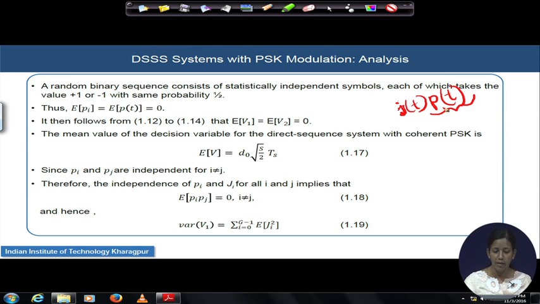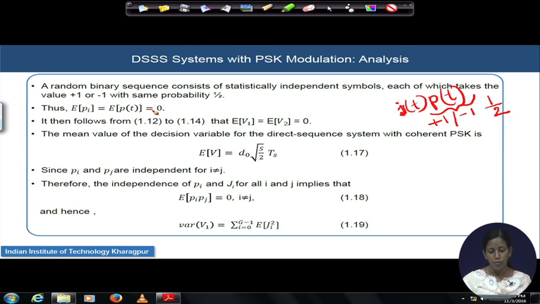If we utilize the random binary sequence, it has a statistical property we have already discussed: it can take a +1 value or a -1 value with equal probability, equal to half. Thus, the mean value of p_i, which is also p(t), will be equal to 0.